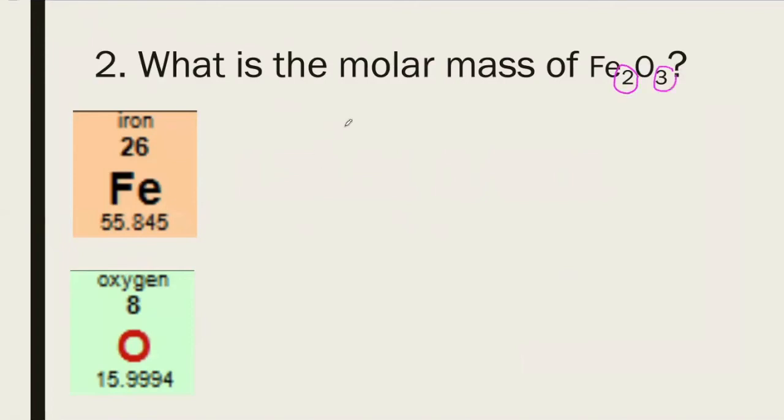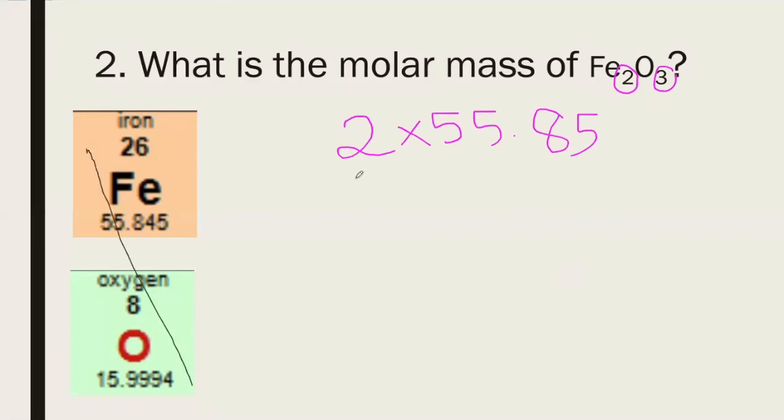So ang gagawin natin, 2 times, round off to the nearest 2 decimal places. So magiging 55.85. Tas oxygen, round off to 16 kasi naka-indicate sa instructions, di ba? So ang gagawin natin, 3 times 16.